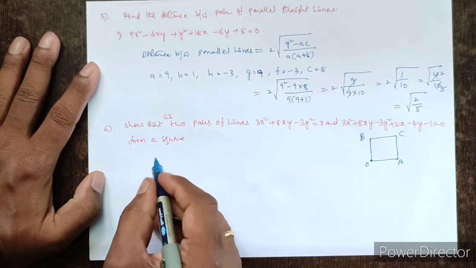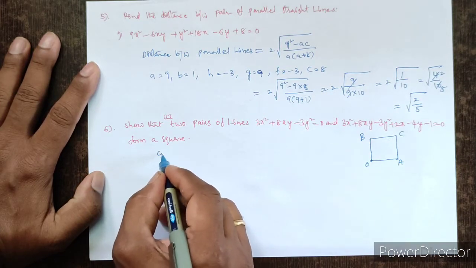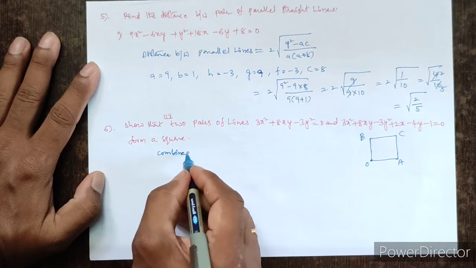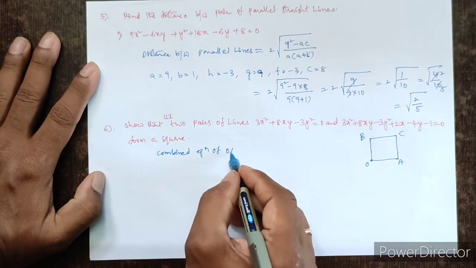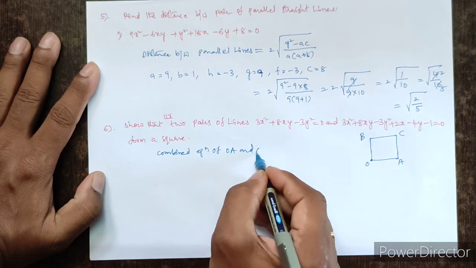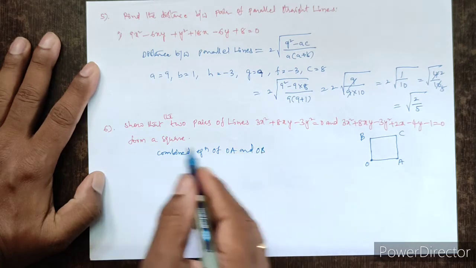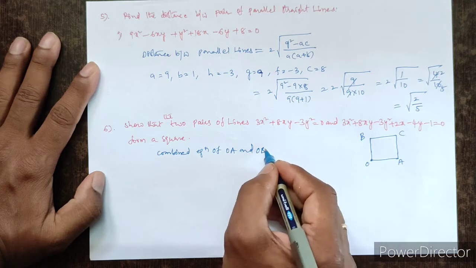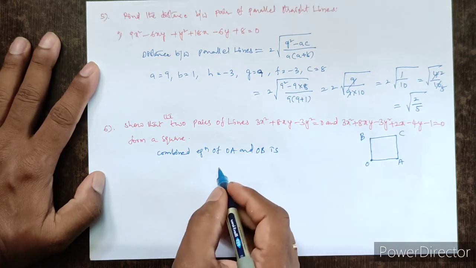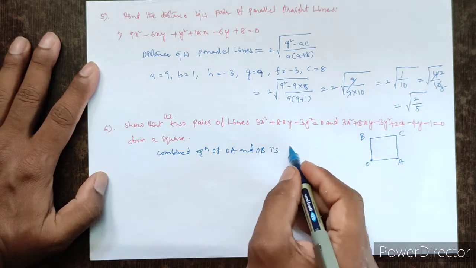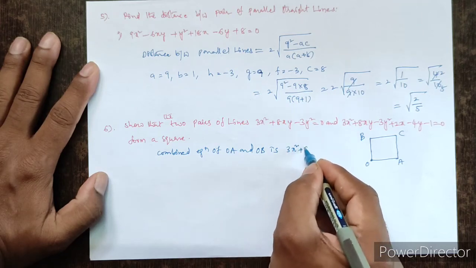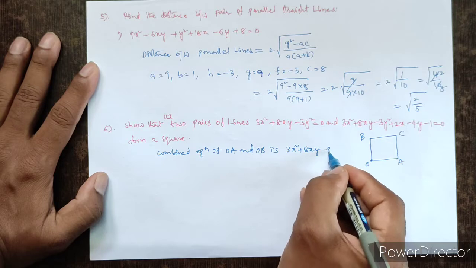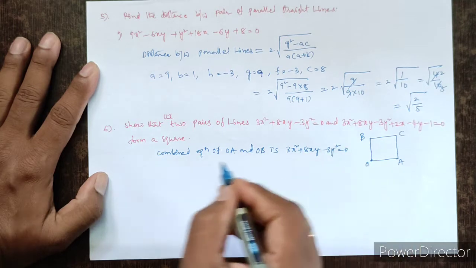Given the combined equation of OA and OB, according to the figure we are solving this. OA and OB is 3x square plus 8xy minus 3y square equal to 0.